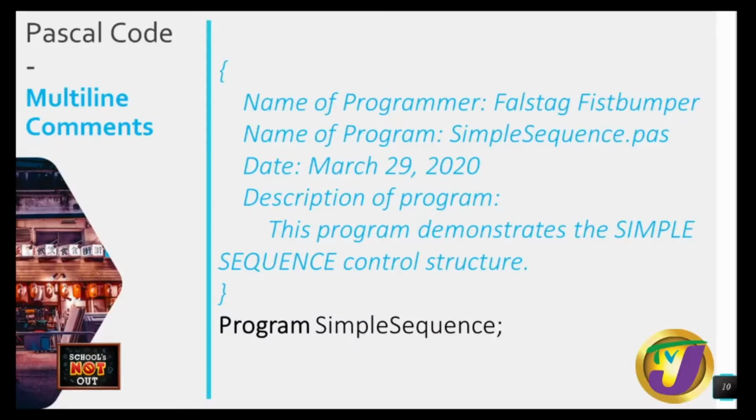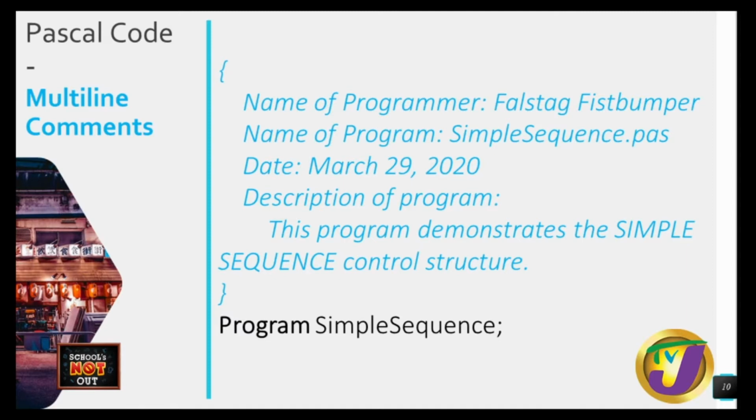And the first kind of commenting we have is multi-line commenting. And of course, these are fictional characters. My name is not Falstag Fist Bumper, but you can get the gist. So when we're doing a multi-line comment, we have the opening curly bracket, the left one, and then the right one closing the entire comment.